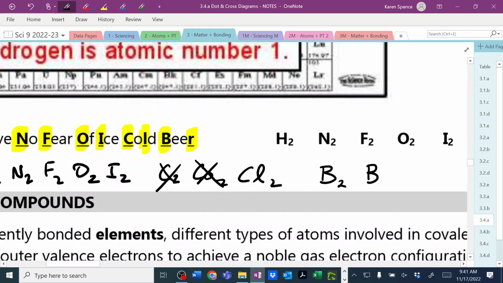Sometimes people are like beryllium 2. It's neither of those, it is Br2. So of the 3 methods, that's my least favorite because it does tend to lead to people making mistakes in remembering it. But if you can remember that it's cold and beer, then you're okay.